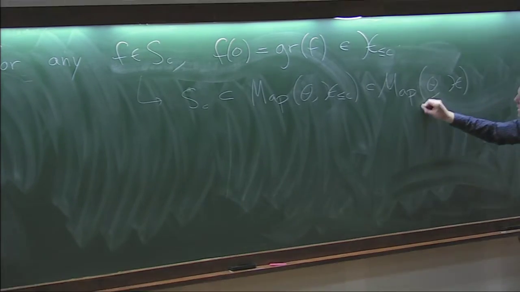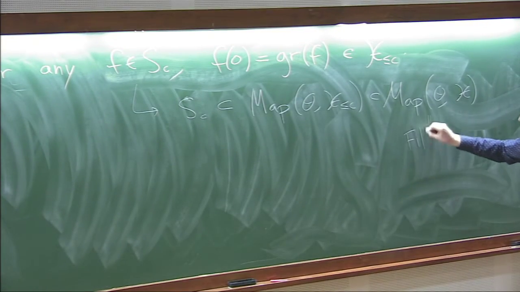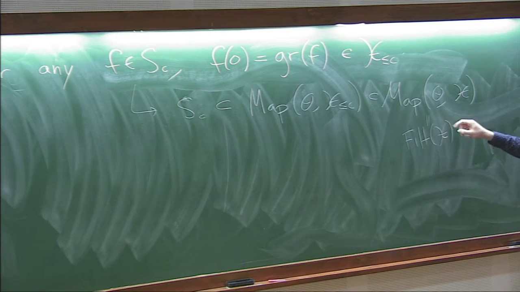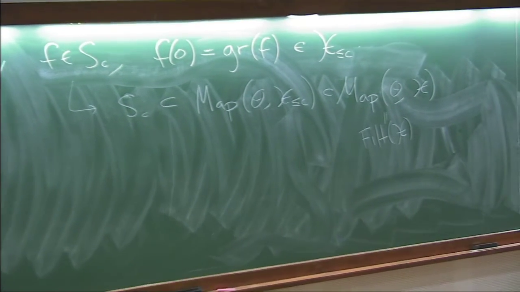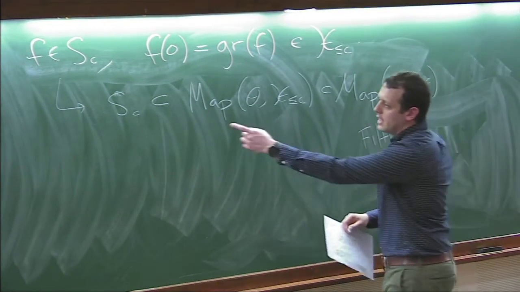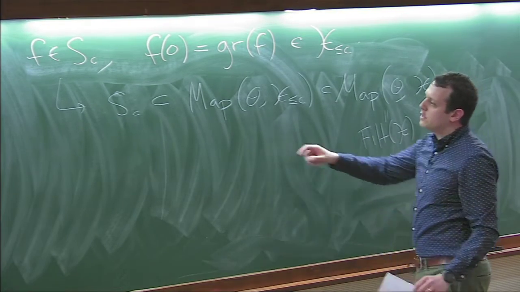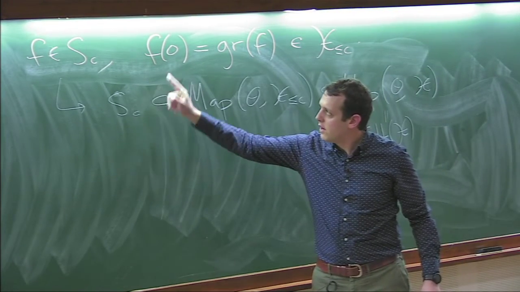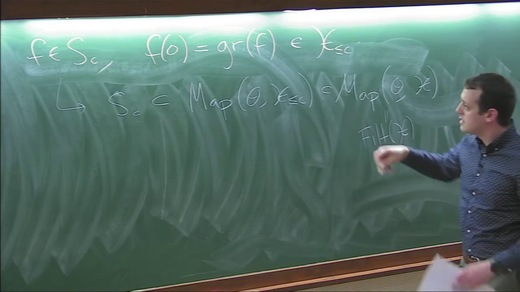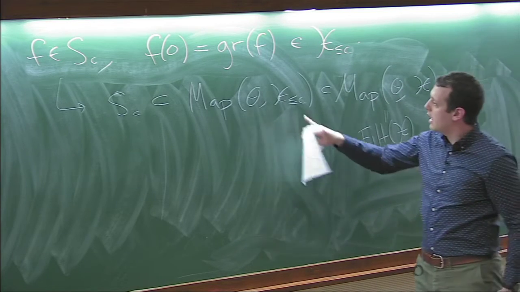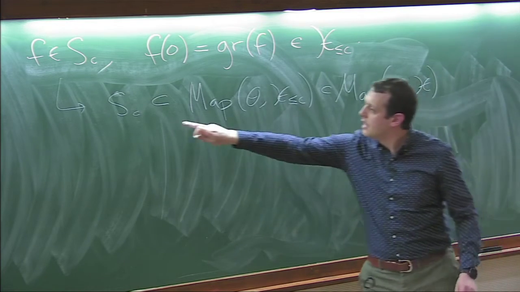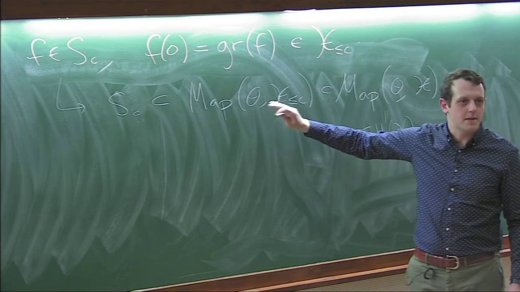And as a side, you might see me call this the stack of filtered objects in X. So if the associated graded of a Harder-Narasimhan filtration does not lie in this open substack, then you can't identify this as living inside the mapping stack here.